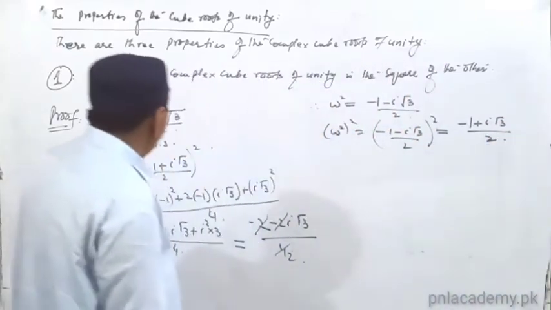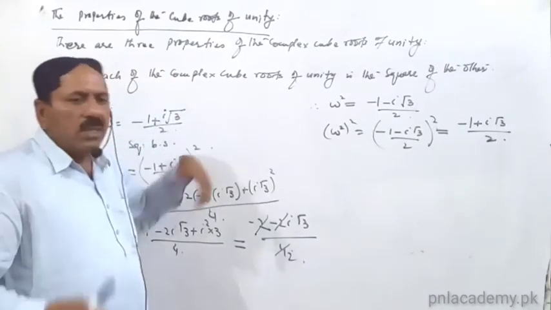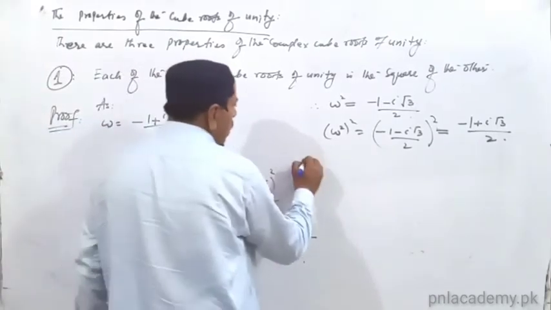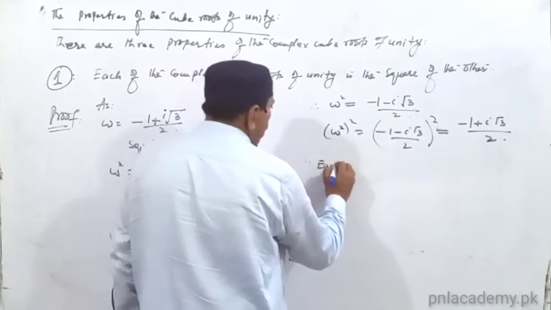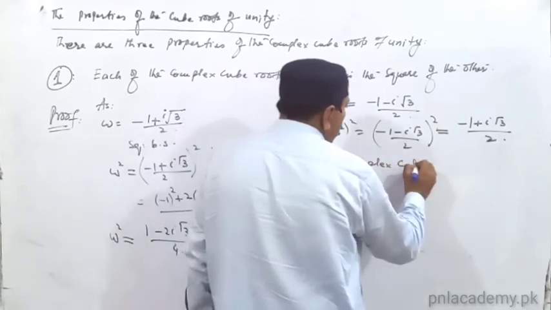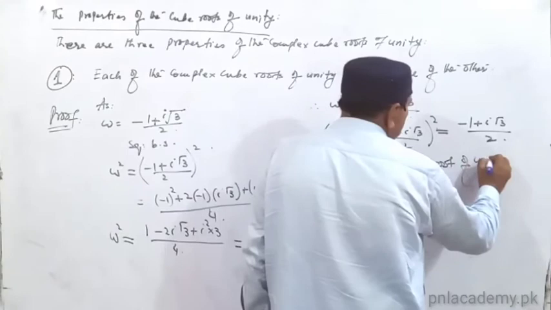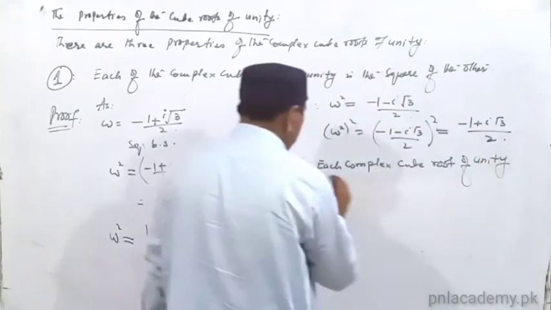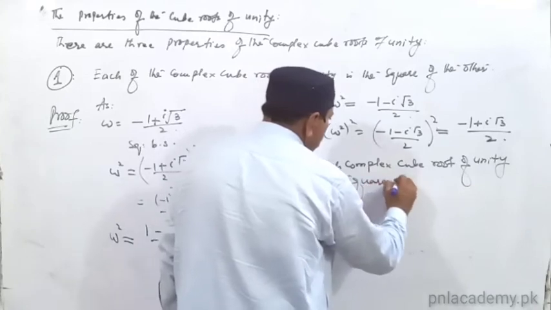So in this condition we can say that each of the complex cube roots of unity is the square of the other.